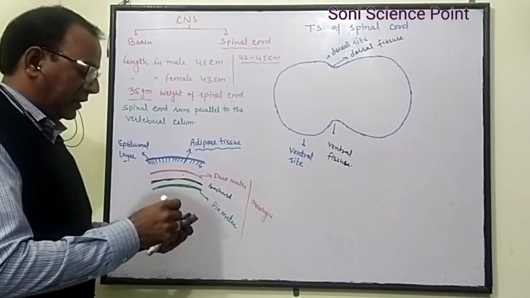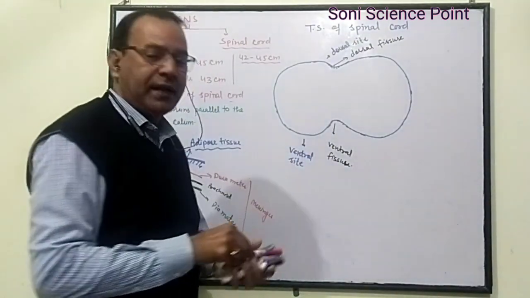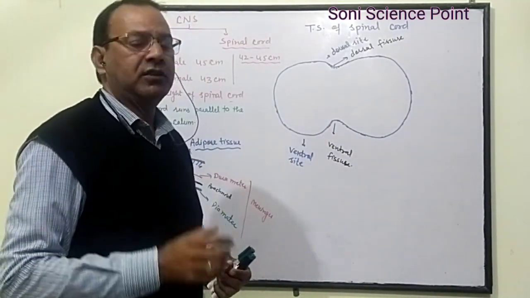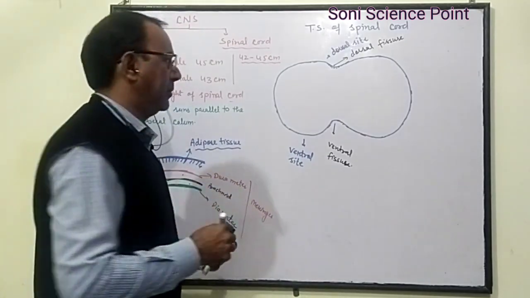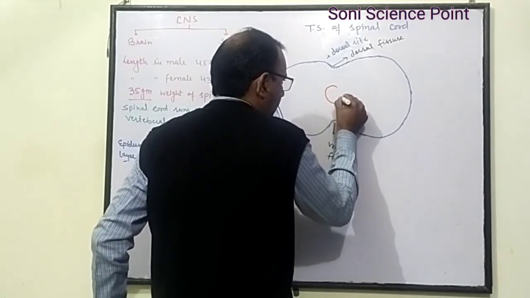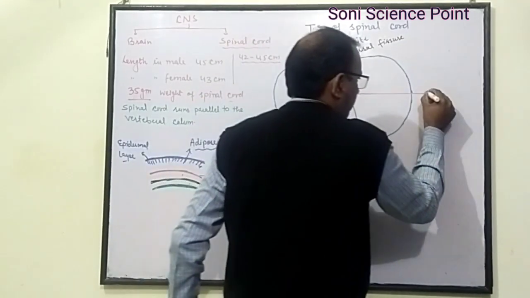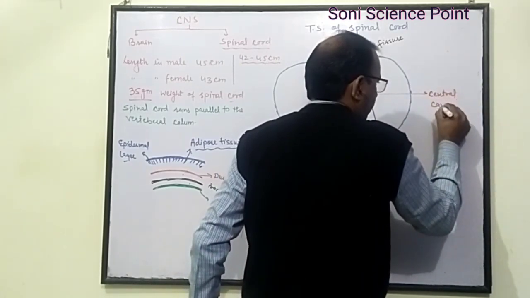Clear? Inside the two fissures, the spinal cord has an English alphabet H shape, or we can say a butterfly shape. Centrally, it contains a central canal. This is the central canal.